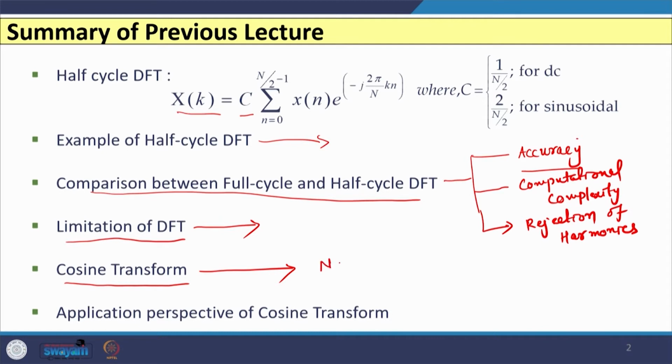So, it requires N plus N by 4 samples compared to the DFT, which requires N samples. And after that we have discussed the application perspective of the cosine transform, compared to the DFT, whether full cycle or half cycle, and how effectively we can utilize the cosine transform algorithm for phasor estimation of the signals.